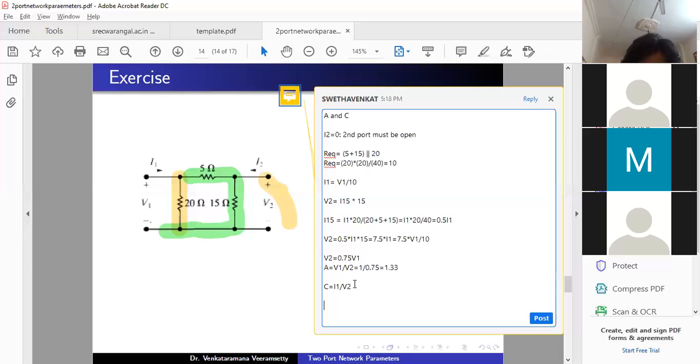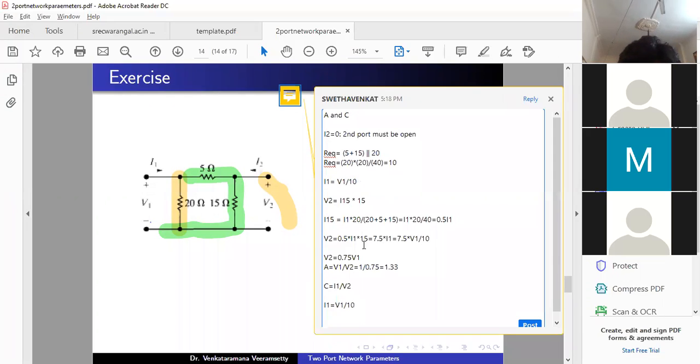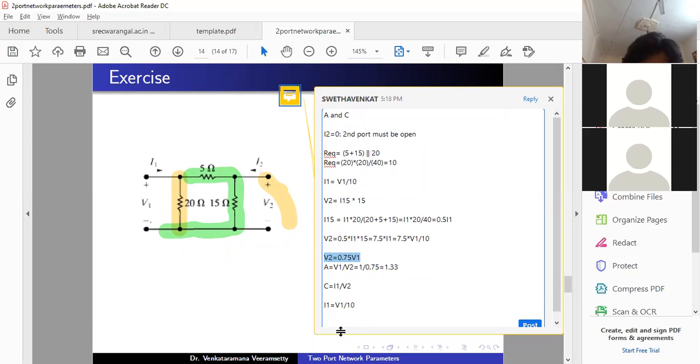See, from this equation, I1 equals V1 divided by 10. And from this equation, V2 equals 0.75 into V1.